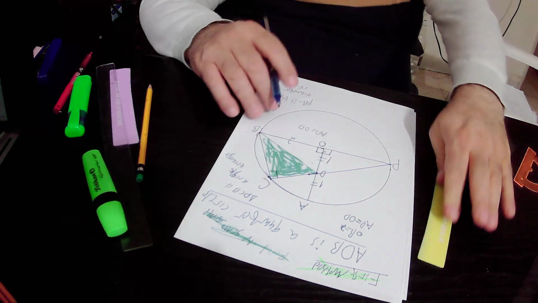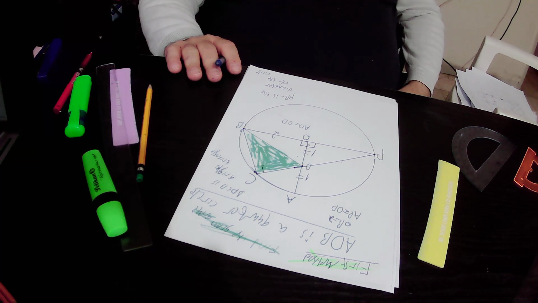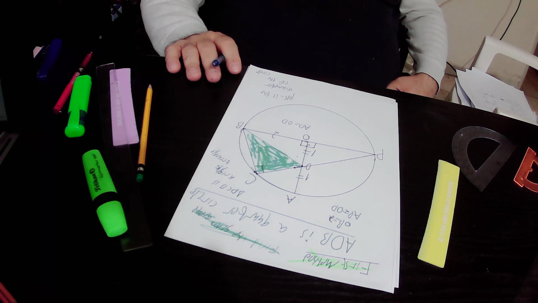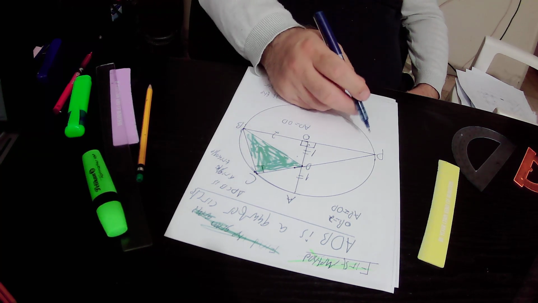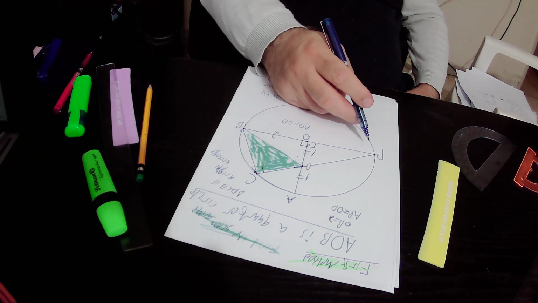Until it touches the circle. Okay? So by extending the straight line CD by a straight line, we created a peripheral angle. Suppose that this peripheral angle is angle BCX. We don't know where it touches the circle.